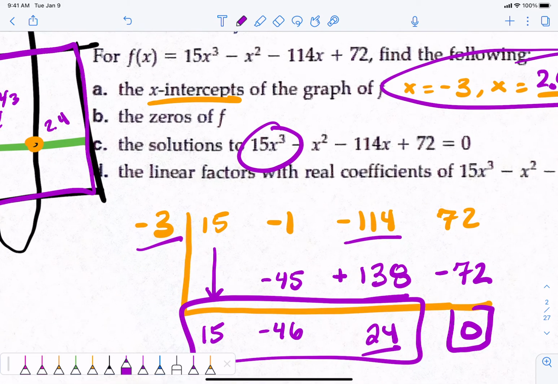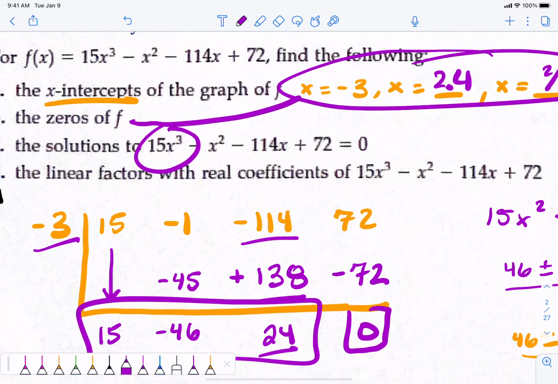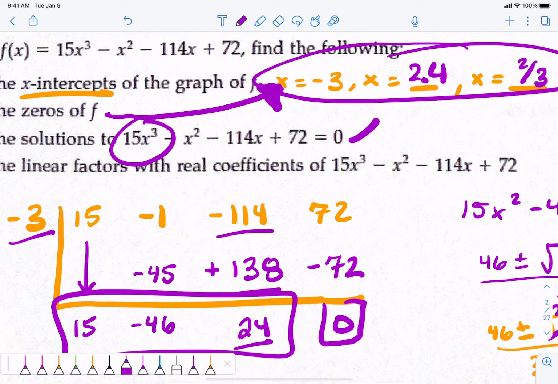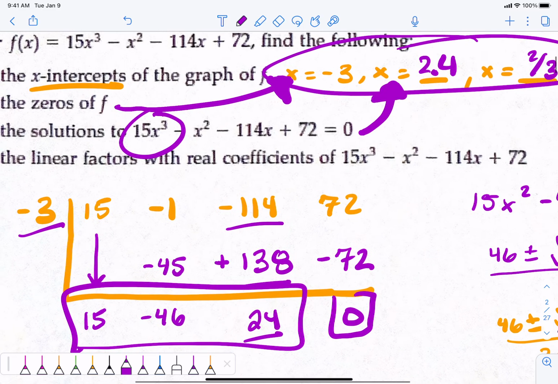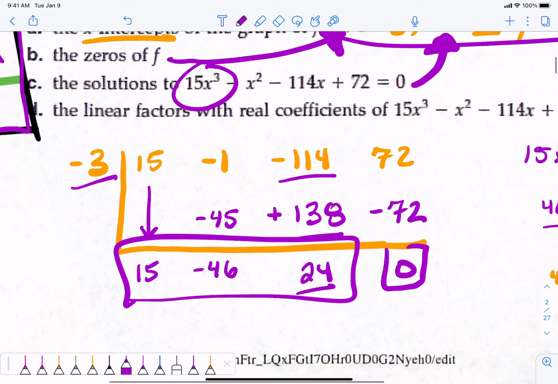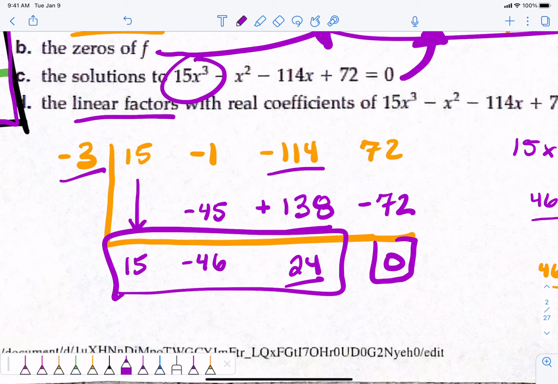Now B, C, D. B says, what are the zeros? The roots. Isn't that exactly the same thing as asking for the x-intercepts? Yes. C says, what are the solutions? We also found that. D is not saying the same thing. They want to know what the linear factors are.